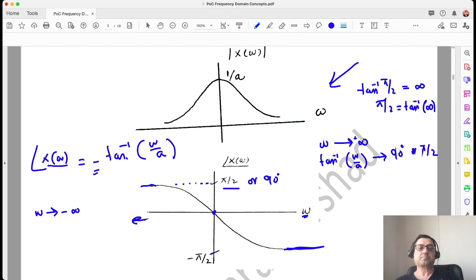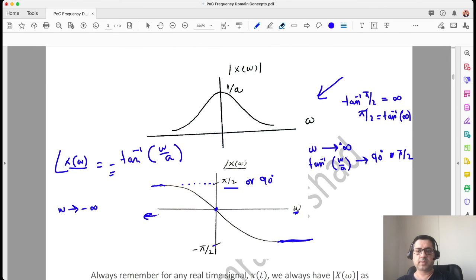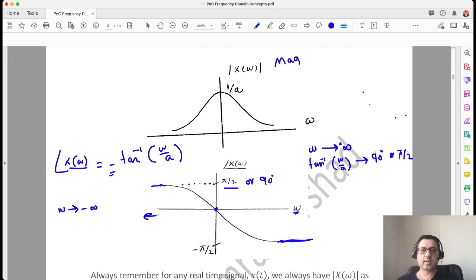Now look at these. Let me remove maybe these. So what we can see now is the magnitude spectrum, this is my magnitude spectrum, and this is my phase spectrum.